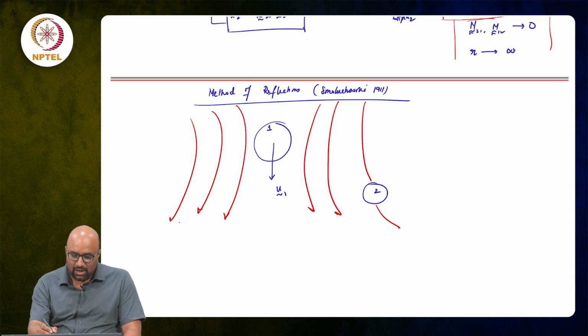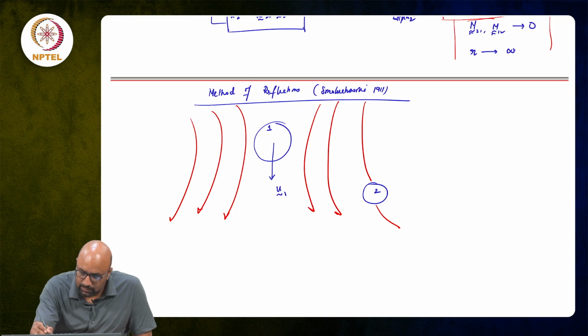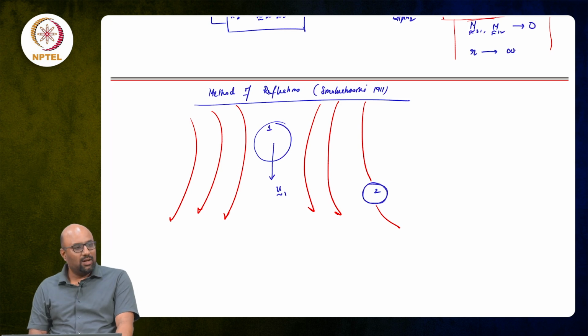So now if you think of sphere 2 as being in the flow field of sphere 1, then sphere 2, just by virtue of being in sphere 1's flow field, has to move, right?